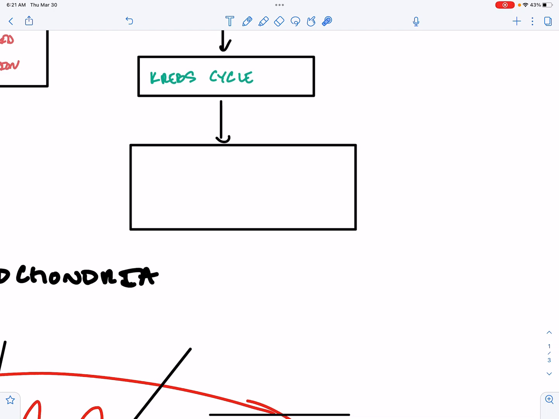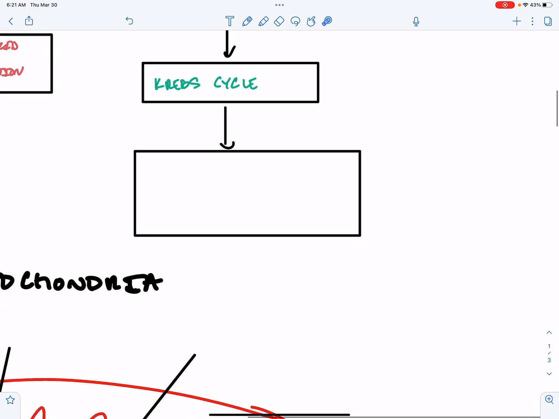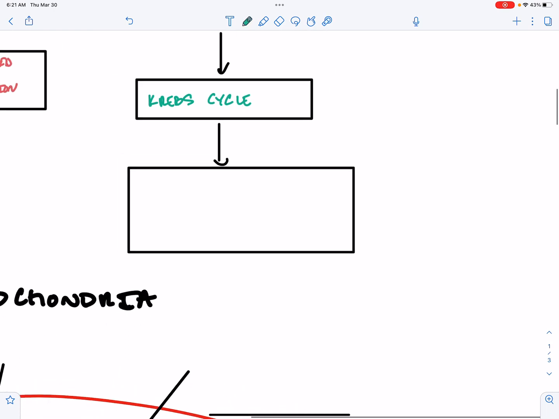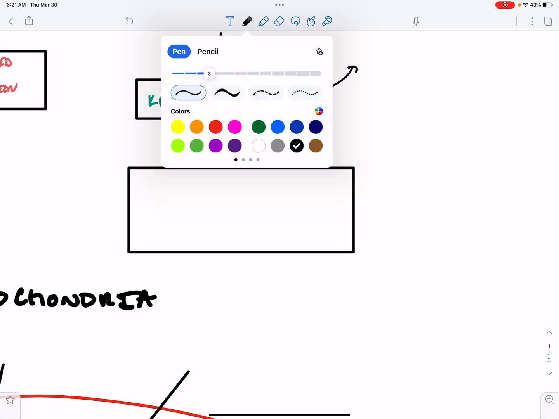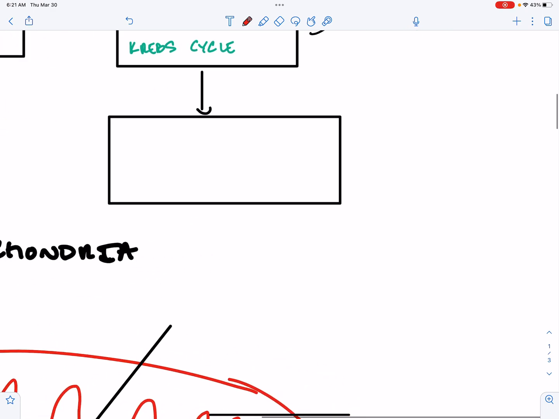Instead of putting high energy electrons on a carbon molecule, we're going to be stripping them away from a carbon organic compound. Okay, and then I should say the Krebs cycle produces 2 ATP.